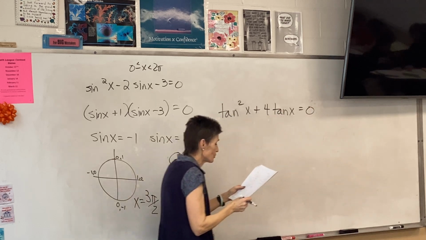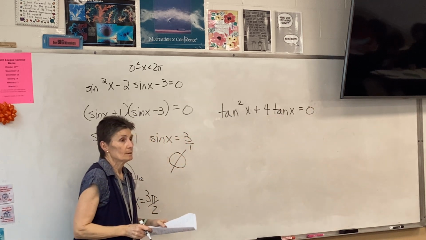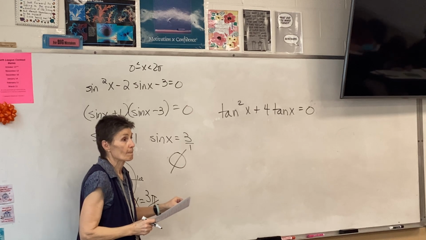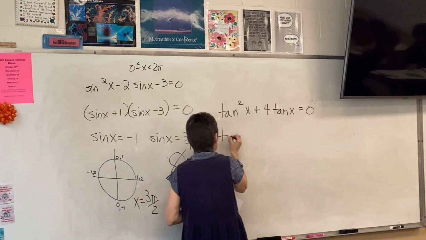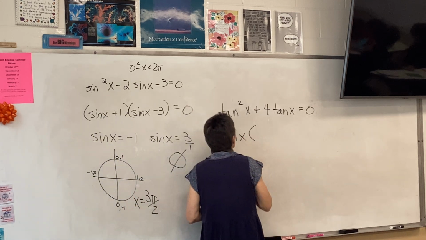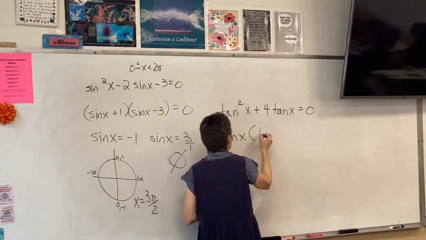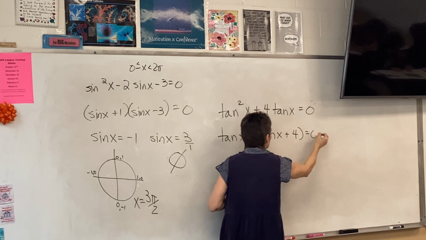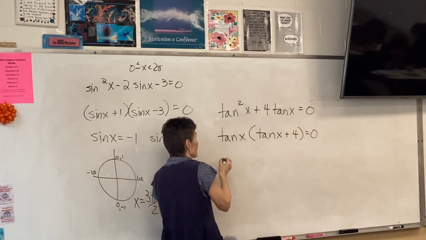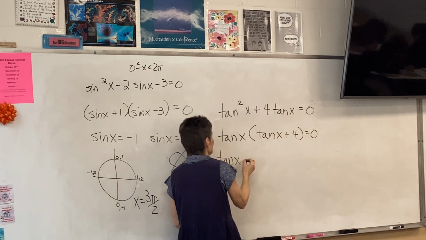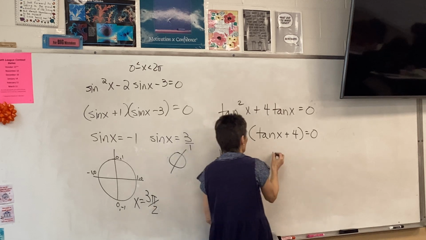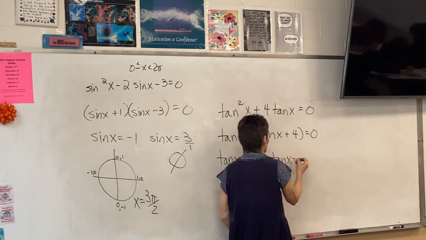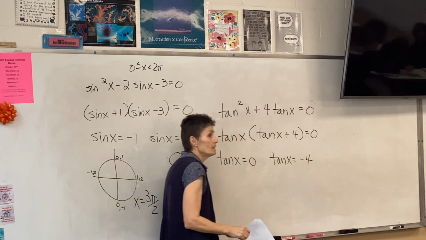What occurs to you to do? A lot of tan. Pulling out a tan x leaves me with tan x plus 4. Does that make them 0? So tangent equals 0, or tangent equals -4.